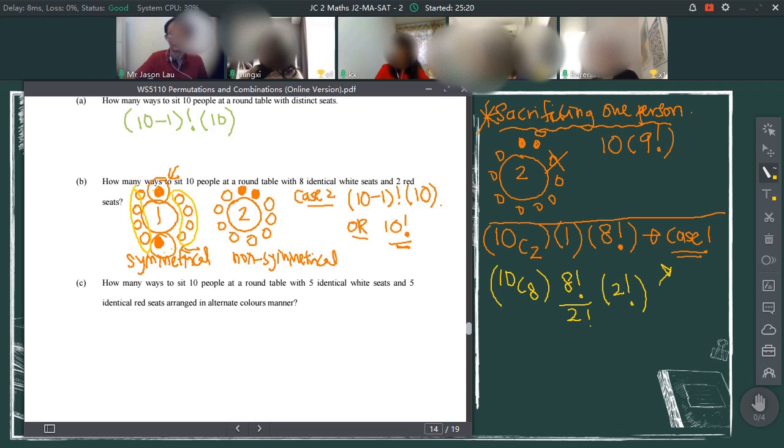Wait, why is there a divide by 2 factorial again? Because the opposite 4 seats can actually be seated in such a way that they are the same.